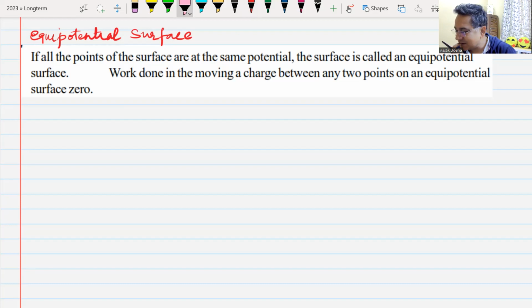What is the name of the movie? Electrostatic potential energy is U, not Umbrella Corporation. Umbrella Corporation was in a Hollywood movie, and I forgot the name of that movie. Let me Google it.